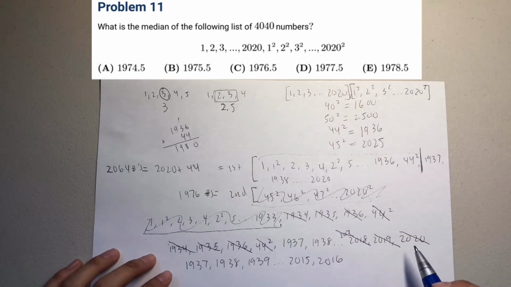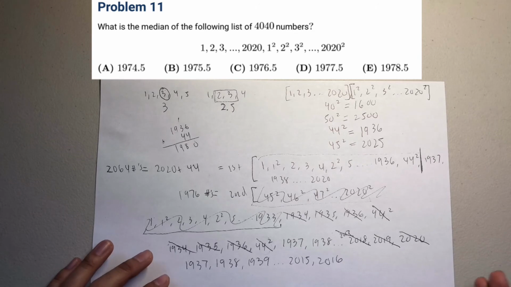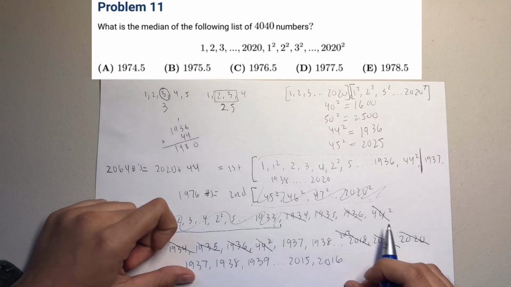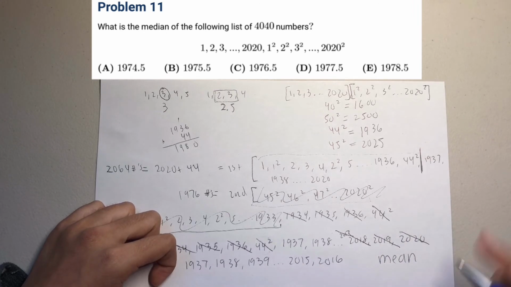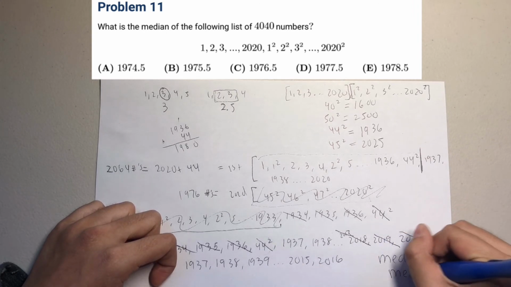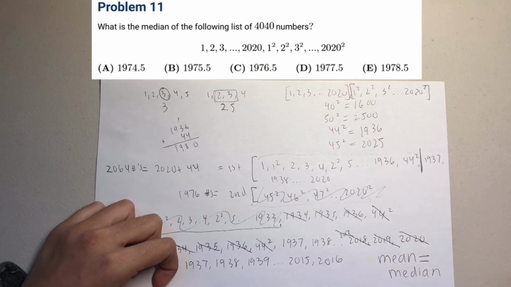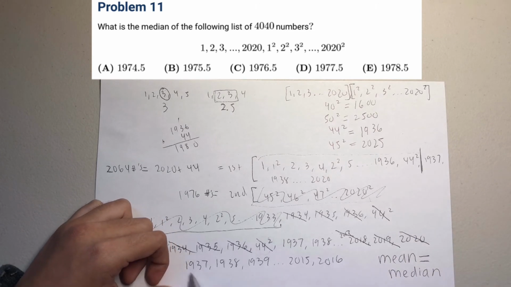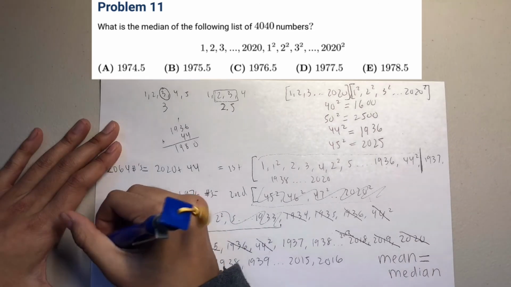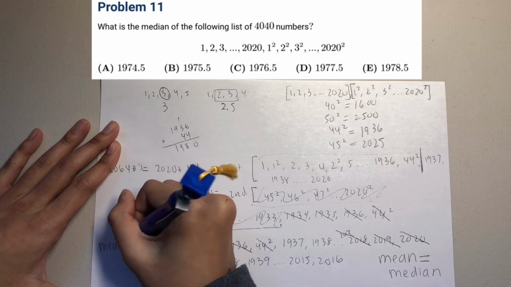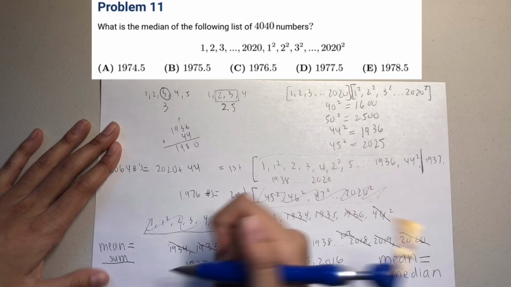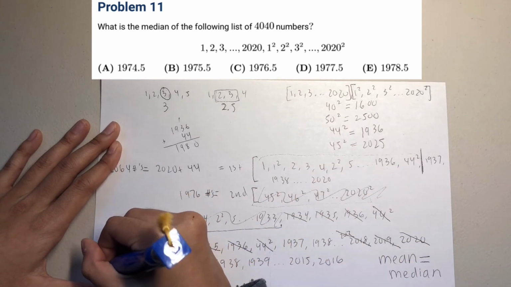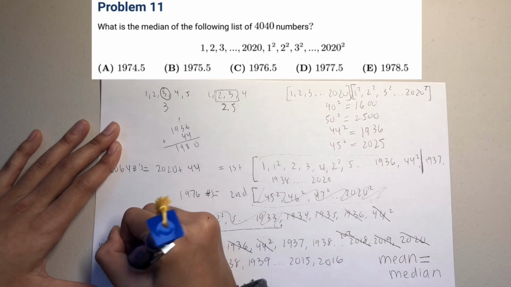For consecutive integers, it's a rule that the mean of this list is equal to the median. So all we have to do is find the mean of this list. The mean of any list is equal to the sum divided by how many numbers there are, so the number of numbers in the list.